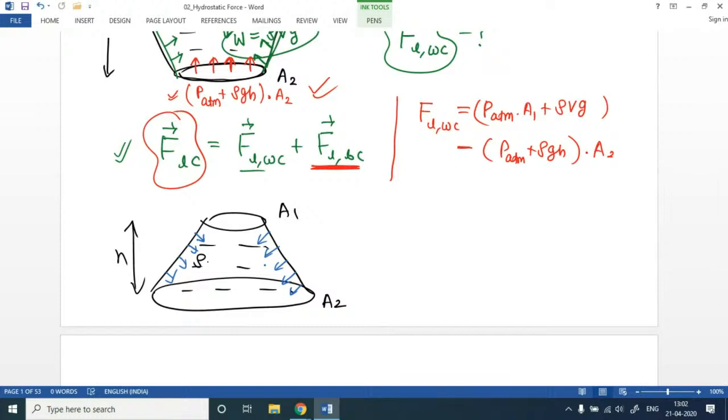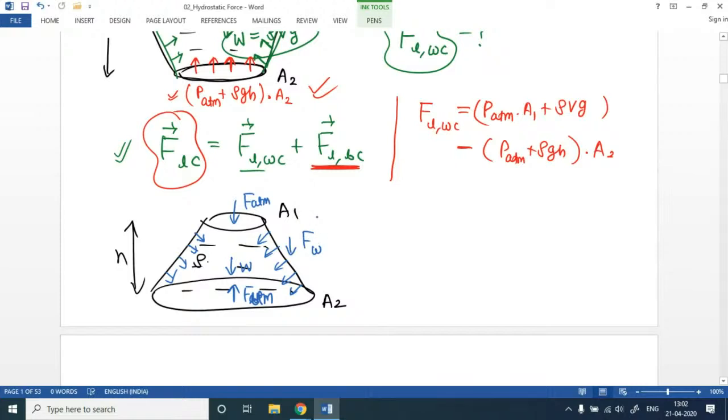So you just have to do the force balance on the element of liquid. So what all forces are acting? It's the weight, the force due to atmosphere, the force due to the bottom you can say, and this force which is exerted by the wall of the container.